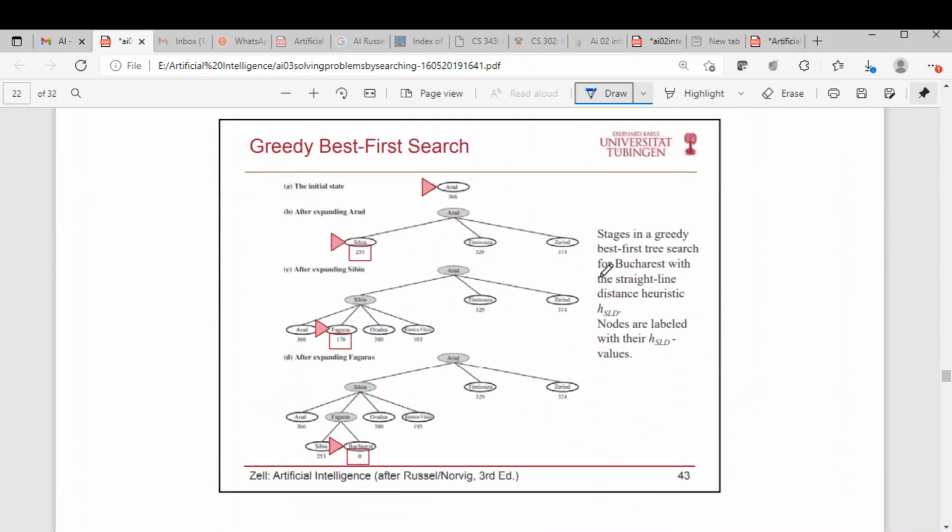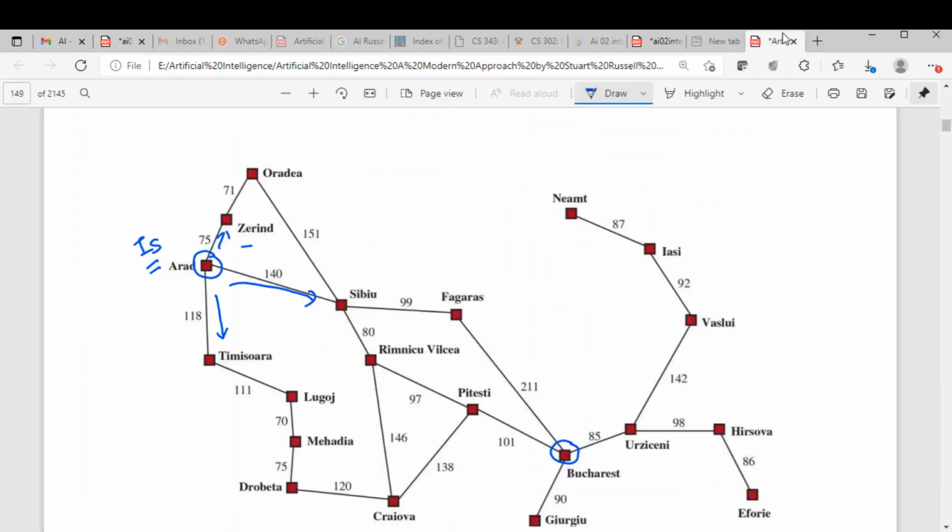Okay. So now it has reached Sibiu. From Sibiu, where can it go? What are the options? So let me delete other things. Now the agent has reached Sibiu. This is the path it has chosen because it's a greedy algorithm.